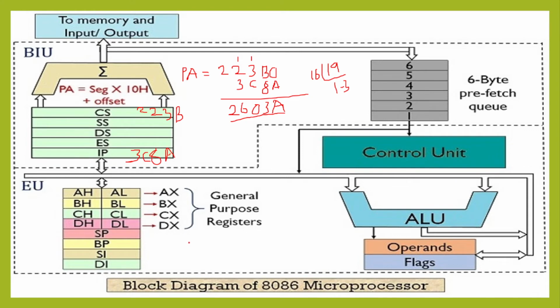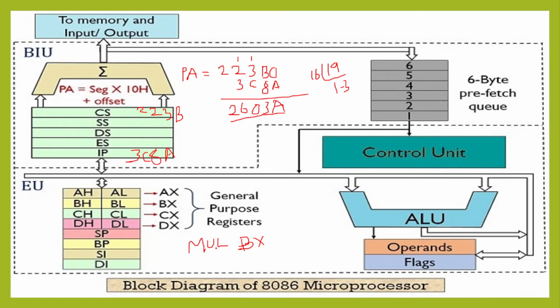For example, we'll use multiplication BX. So multiplication BX means AX into BX, the result in DX and AX. Because when we multiply two 16-bit numbers, the answer may be 32-bit.